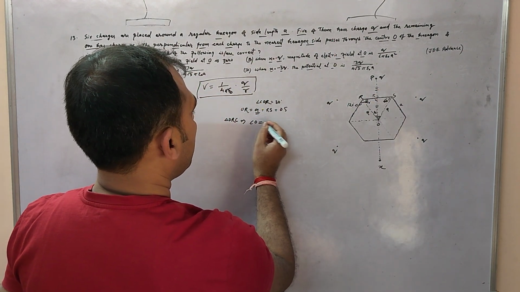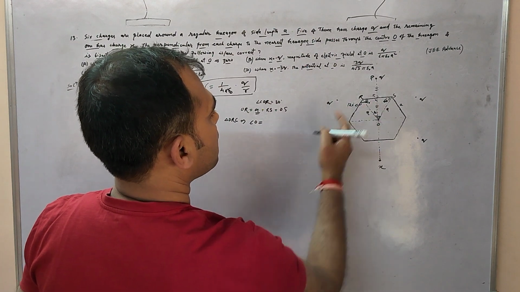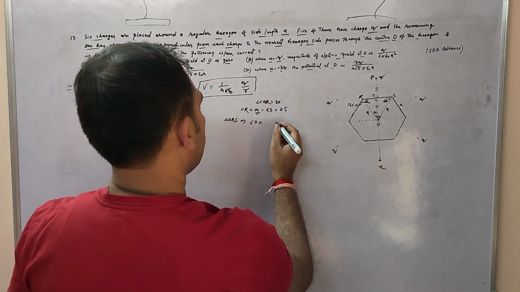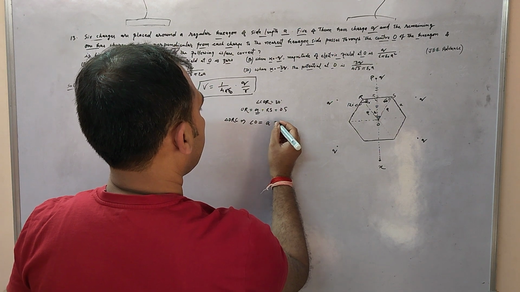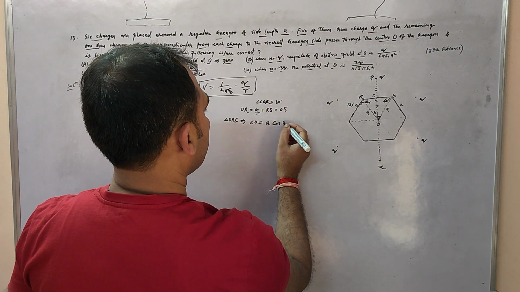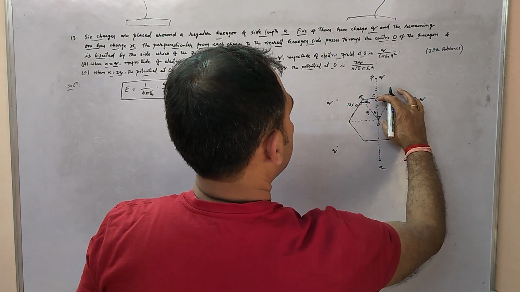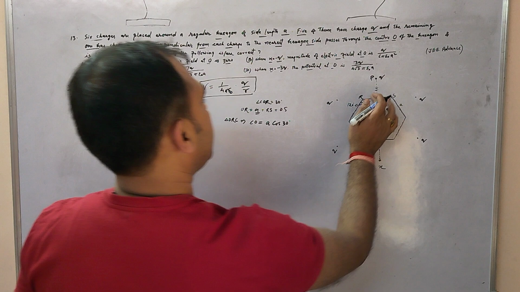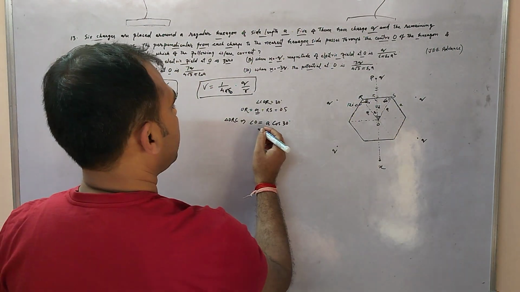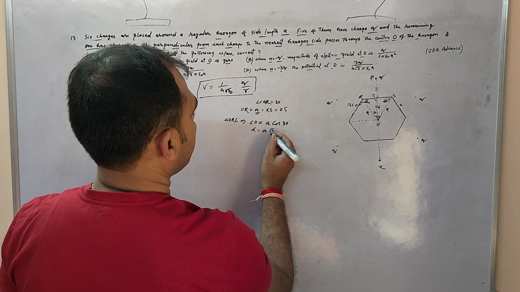CO will be equal to OR cos 30 degrees, and what is the value of OR? That is A cos 30 degrees. So if this distance CO is D, then D will be equal to A root 3 by 2.